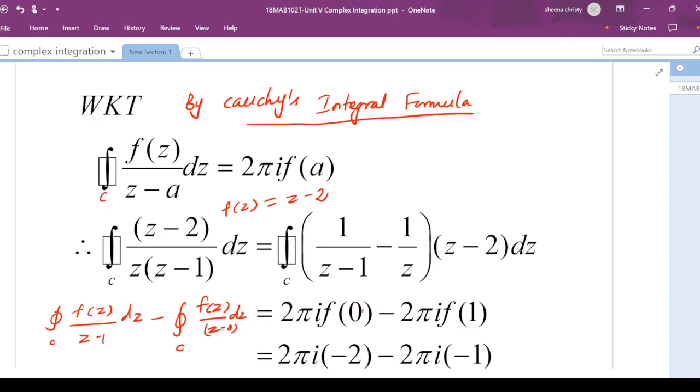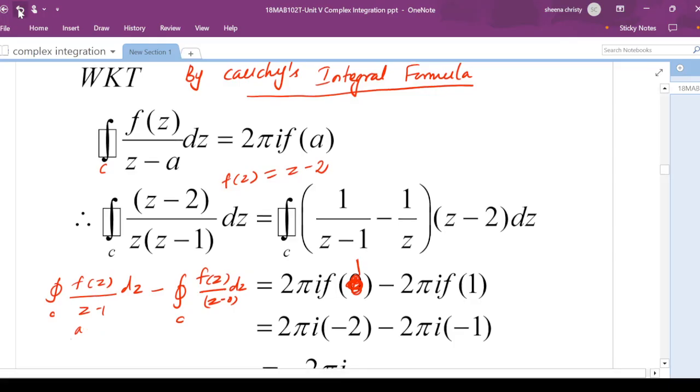So because of this, this is 2 pi i into f of 1, where in the place of a you have 1, minus 2 pi i into f of 0, where in the place of a you have 0. So here a equal to 1, and here a equal to 0.